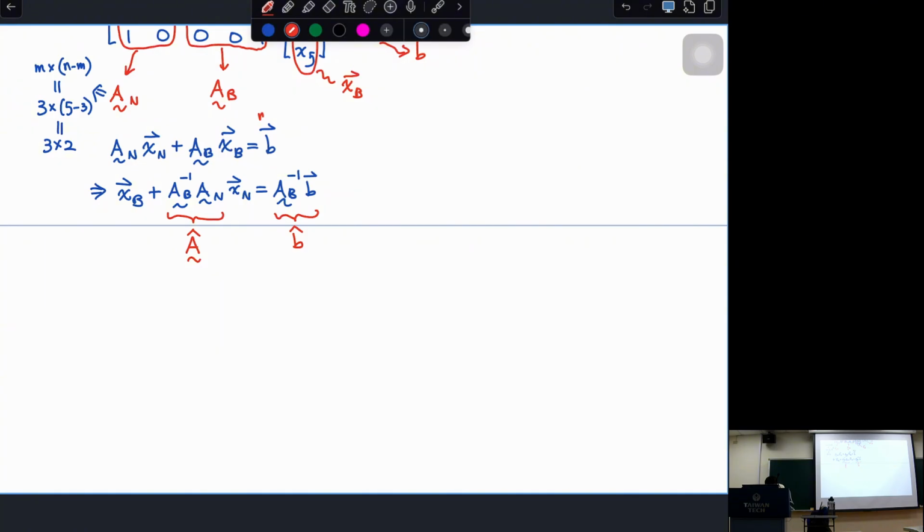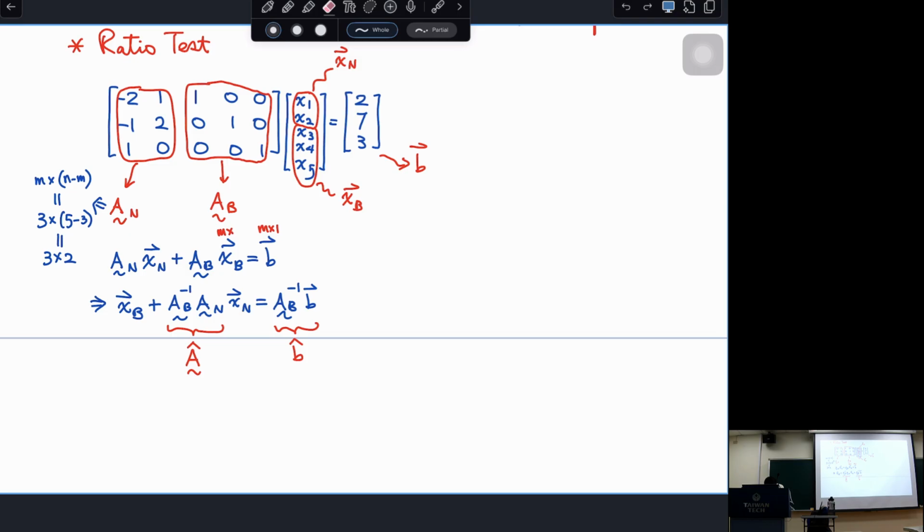XB is m by 1, and AB is m by m. XN would be n minus m by 1. AN will be m by n minus m. So this multiply this is m by 1.